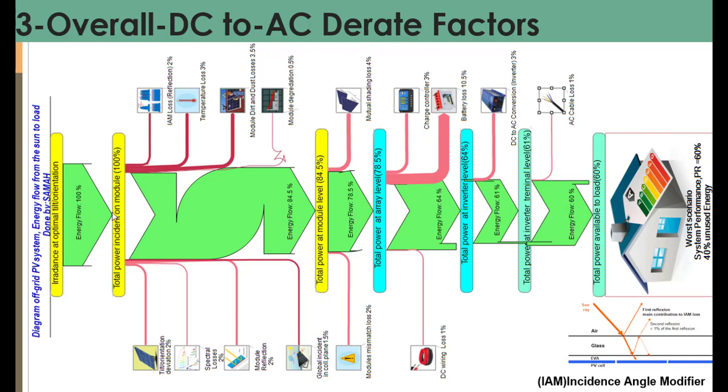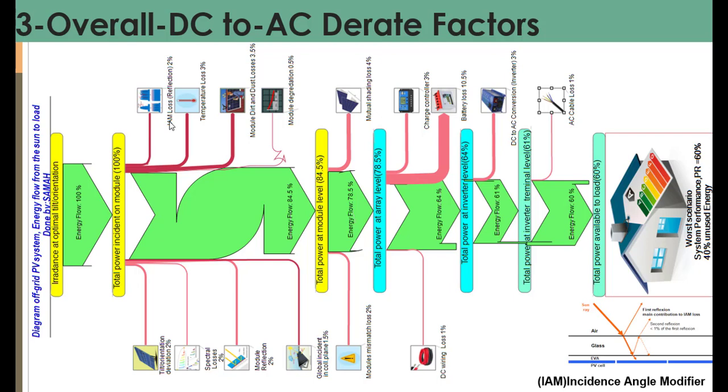Now, this flow represents the total power incident on the module, also 100%, and these on the right and on the left of this flow chart represent the sources of losses.